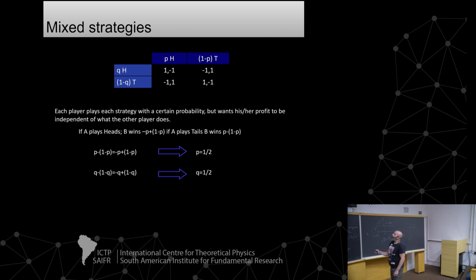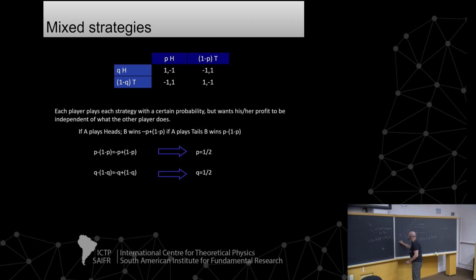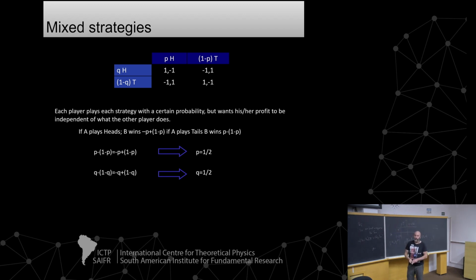So the strategy 1/2 heads, 1/2 tails is the Nash equilibrium of this game. Because if both players are playing this strategy, there is no incentive for any of them to change the strategy, because it will be the same.